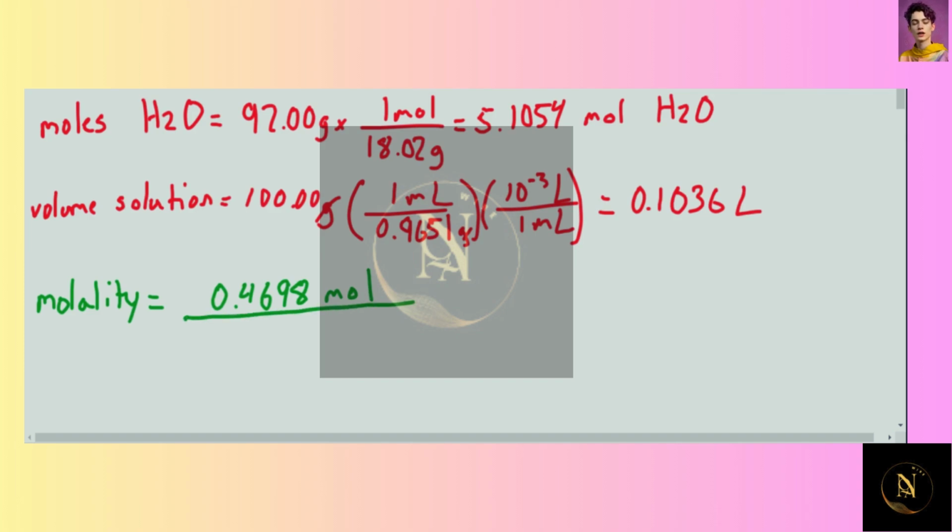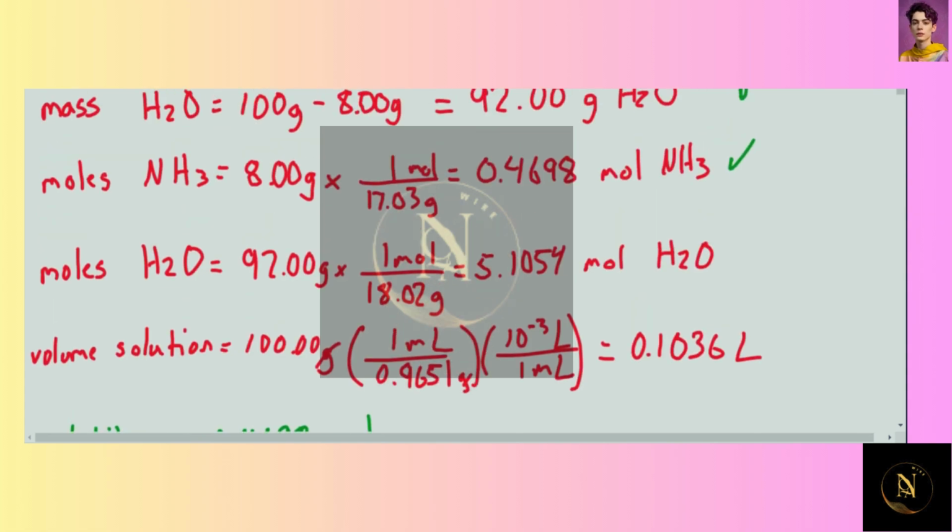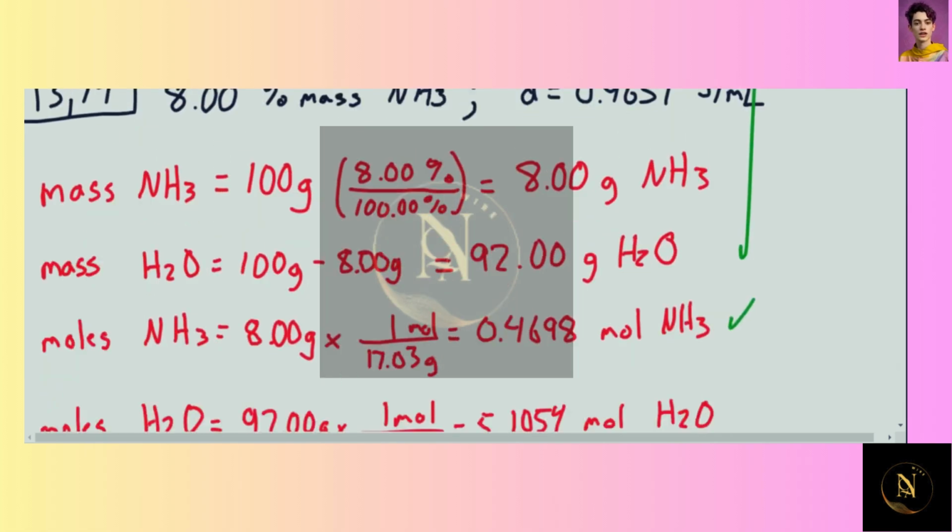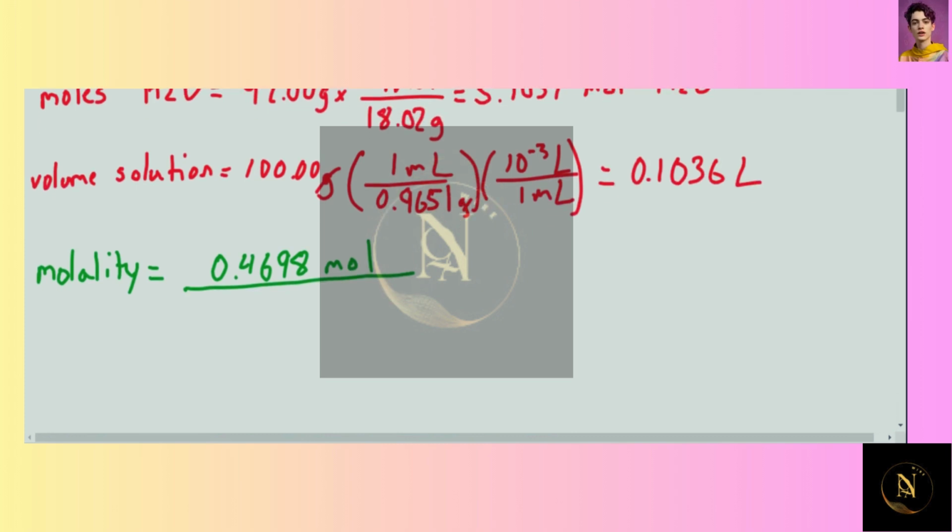And then the mass of the solvent we calculated here as being 92.0 grams. And then, of course, we want kilograms, so we multiply by 1,000. Our grams cancel, and we get a value of 5.11 molality of ammonia.